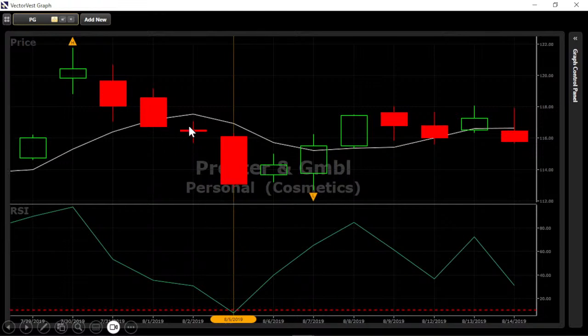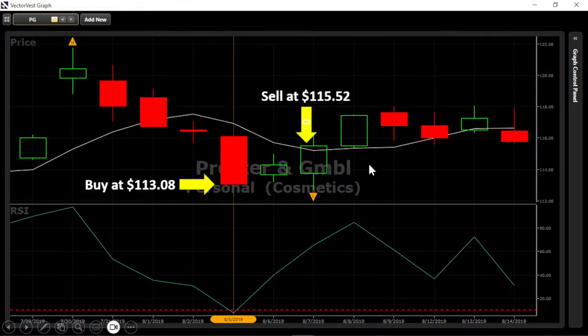Because the price of the stock was below the 5-day moving average on both of those days, but the 2-period RSI was not below 10. But on August 5th, 2019, it was well below. Really, really short-term oversold situation. And if we buy at 113.08, we sell a couple of days later at 115.52. 2 days. Okay, you're in the trade 2 days.